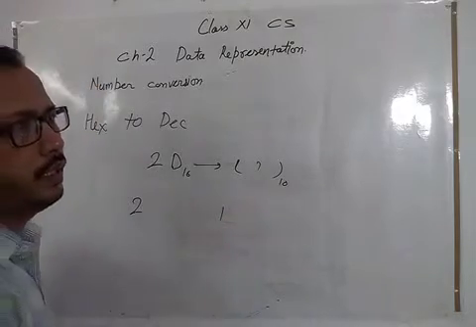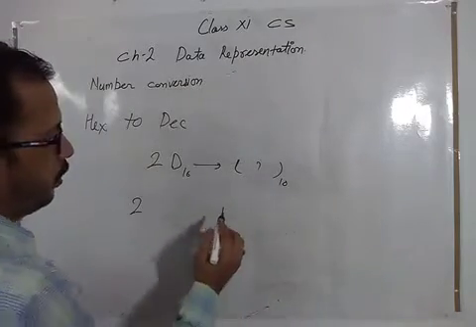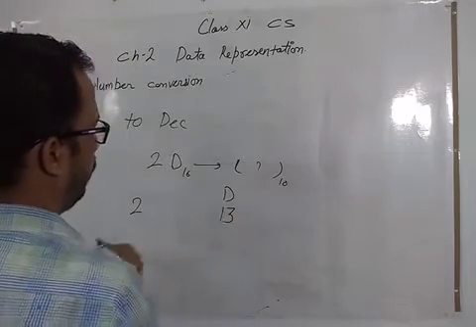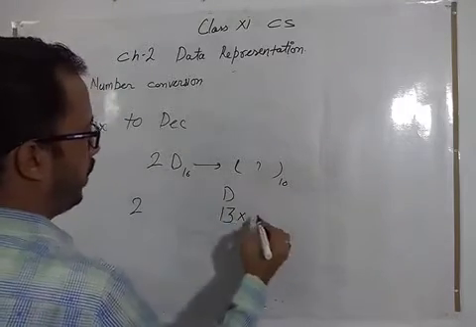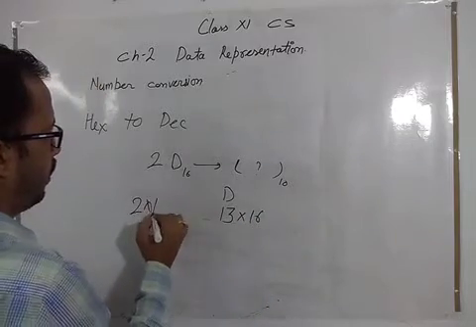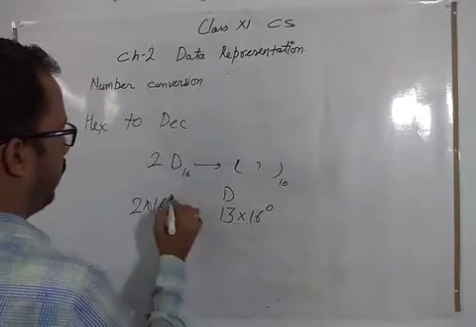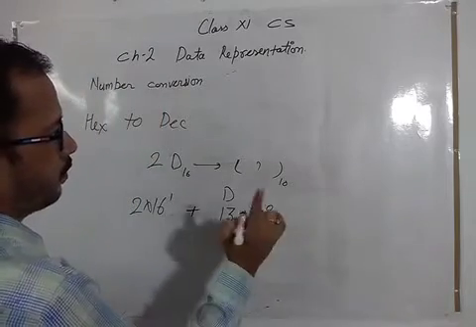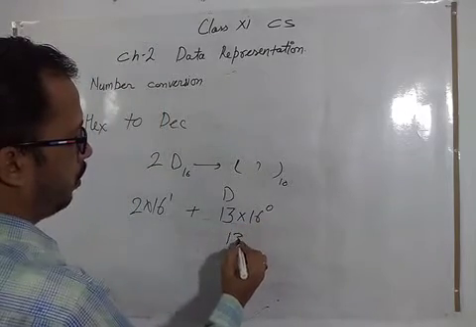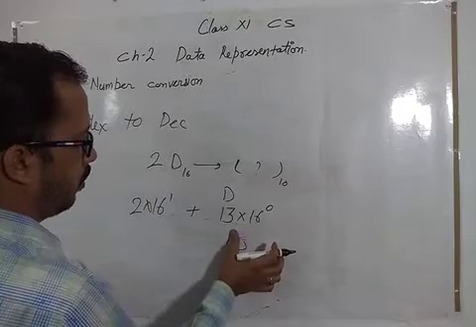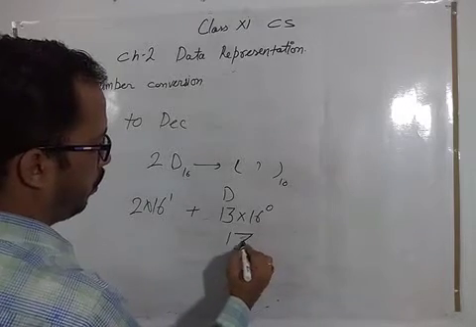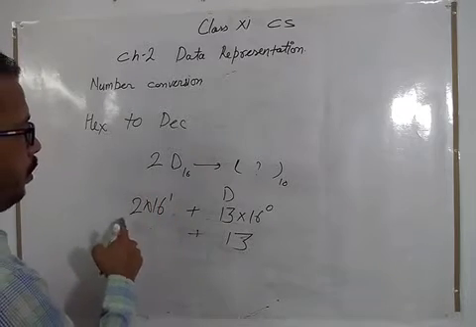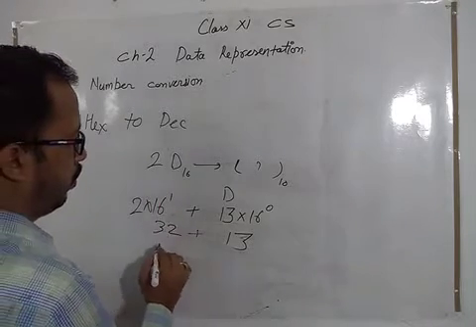Now D is denoting 13. D means 13. So into base 16, into base 16, with power 0 and power 1. So plus 16 raised to the power 0 is 1, 1 into 13 is 13, plus 16 raised to power 1, 16 into 2 is 32.